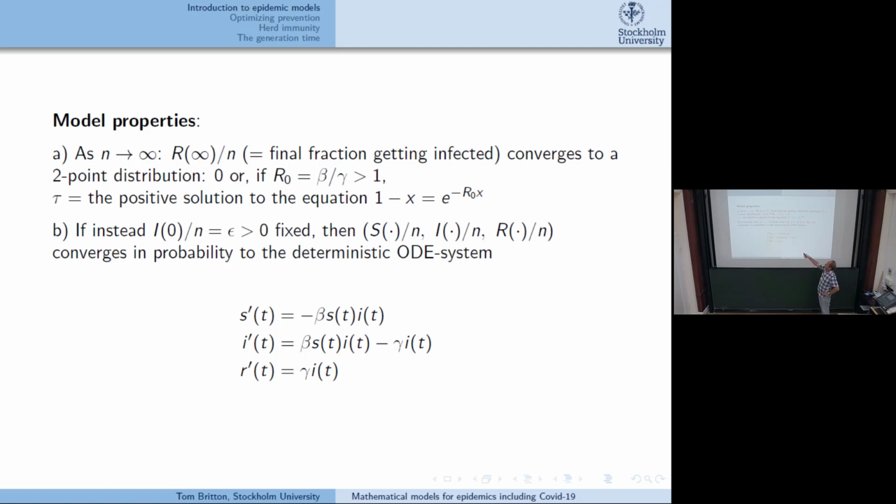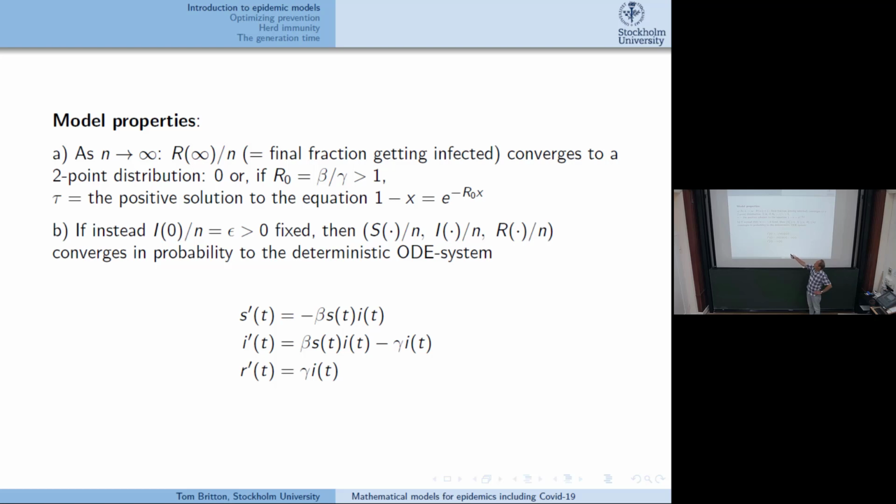Then it has been proven that this thing here converges in distribution to a 2-point distribution in the limit as n tends to infinity.